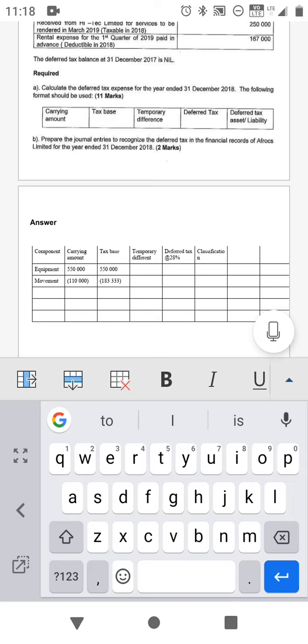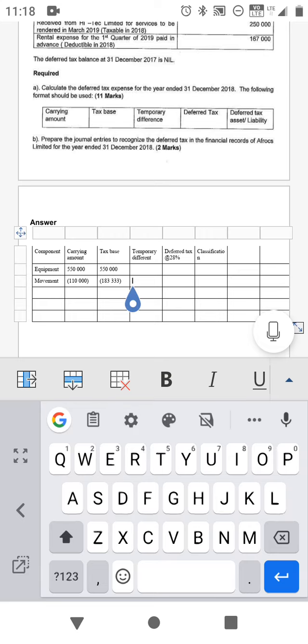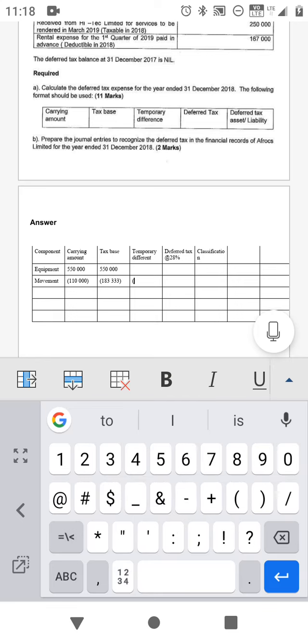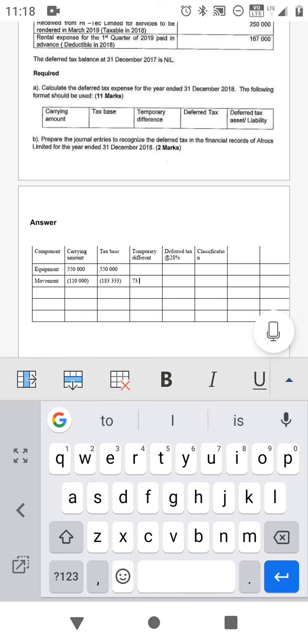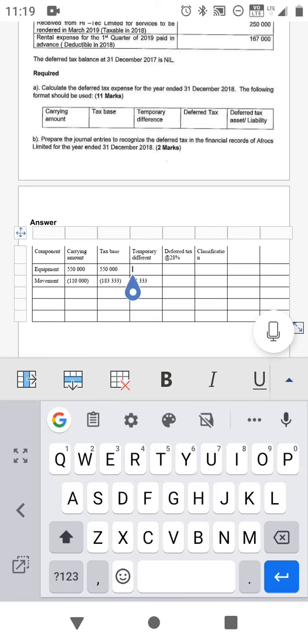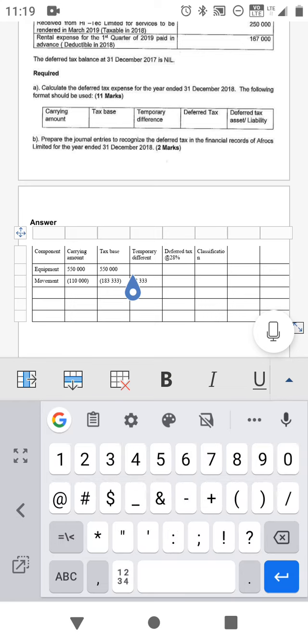So which means we have to say 183 minus 110. Then we get a temporary difference of 73,333. Alright, the current amount had no difference. Alright, so this is the temporary difference.